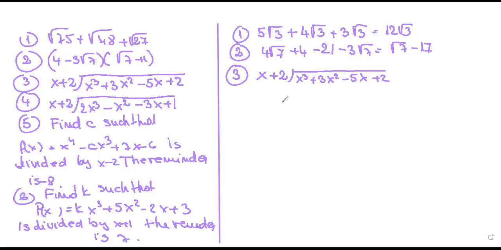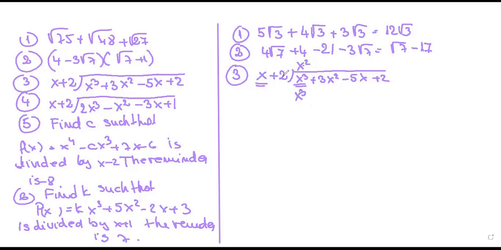I will say it out loud. X to the power of 3 divided by x is x to the power of 2. We write x to the power of 2 above the horizontal line. Did you copy? Okay. X to the power of 2 times x is x to the power of 3.